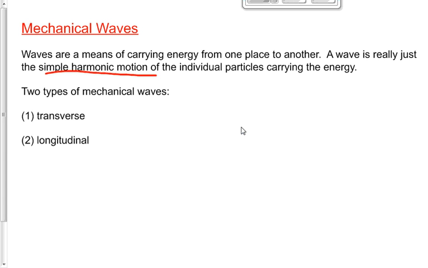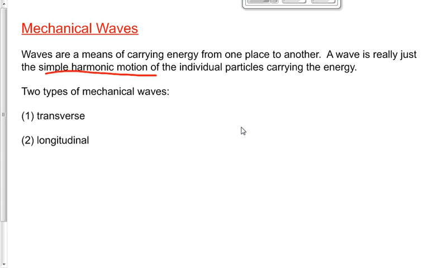Every single molecule on that slinky, as we sent that wave down from me to Javi, was vibrating perpendicular, back and forth motion, perpendicular to the way the wave was traveling. There was simple harmonic motion of millions of tiny little particles, which resulted, when we look at the big picture, in what we call a transverse wave.